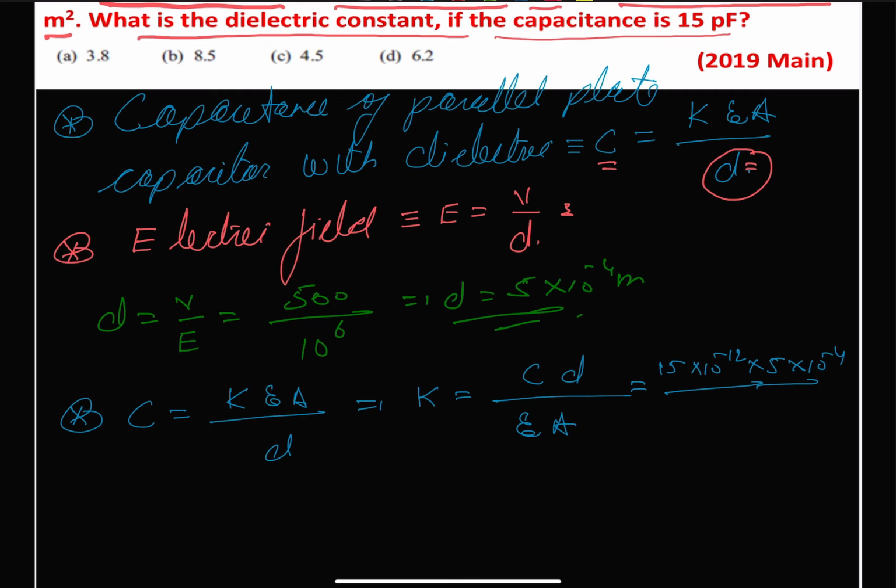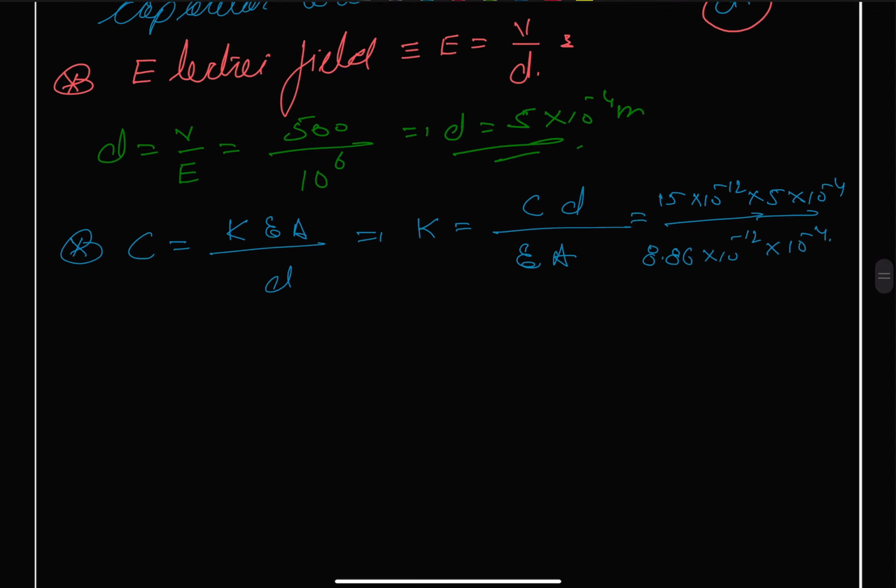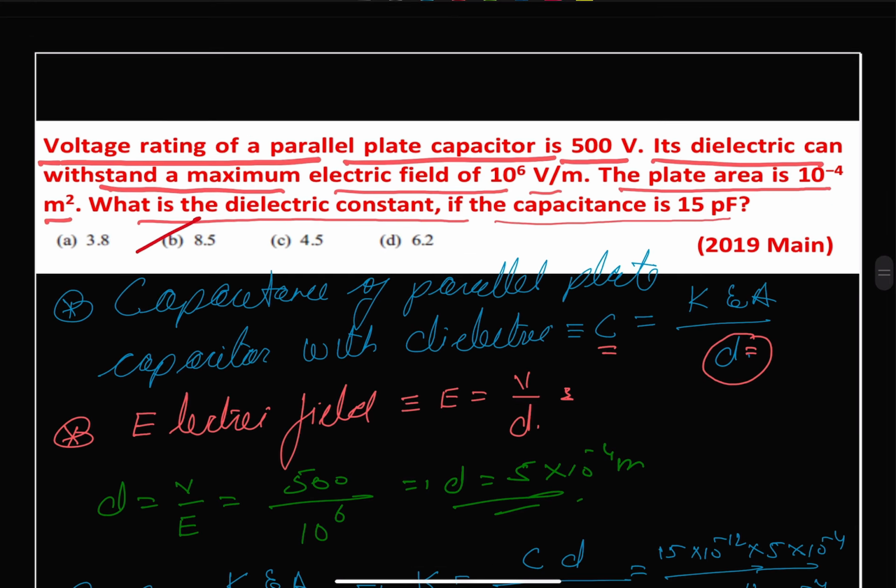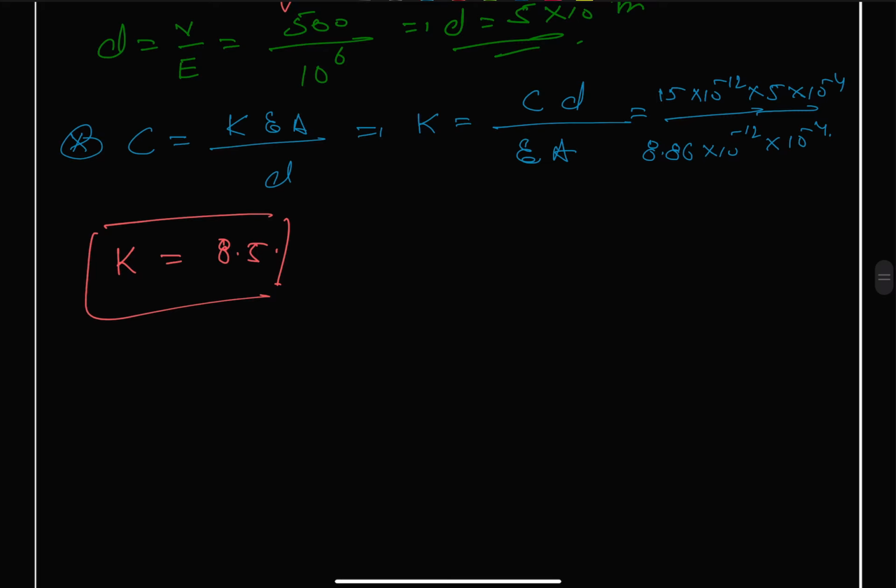Epsilon naught we know is 8.86 into 10 to the power minus 12, and area is given to us as 10 to the power minus 4. So the value of K, the dielectric constant, will be approximately equal to 8.5. So option number B is the correct one.